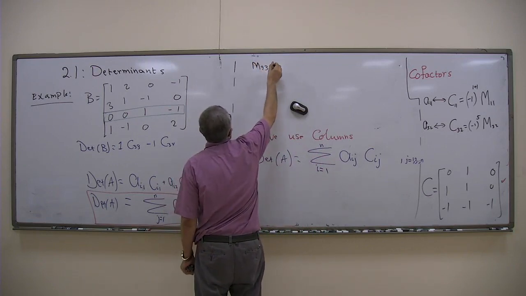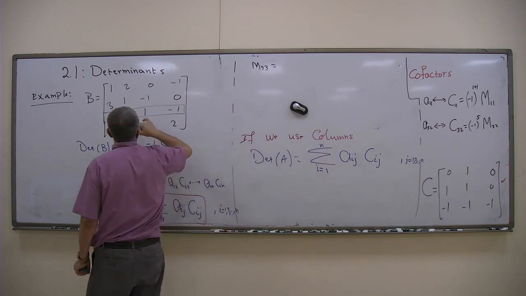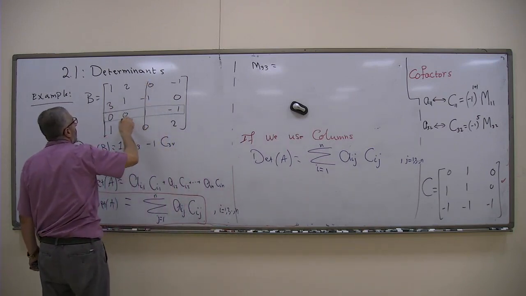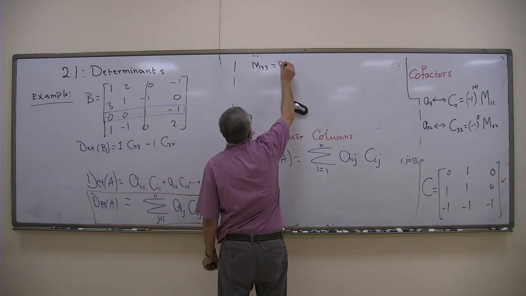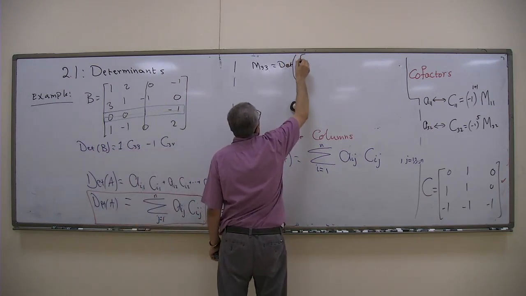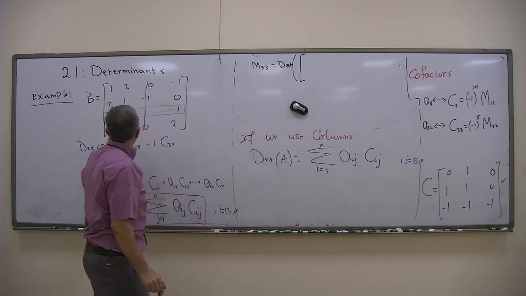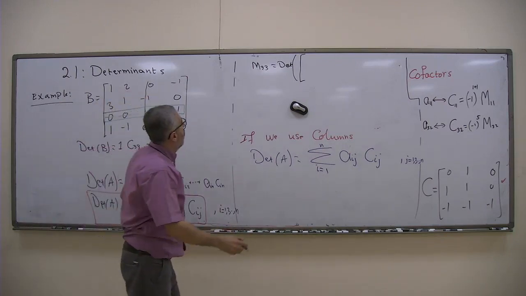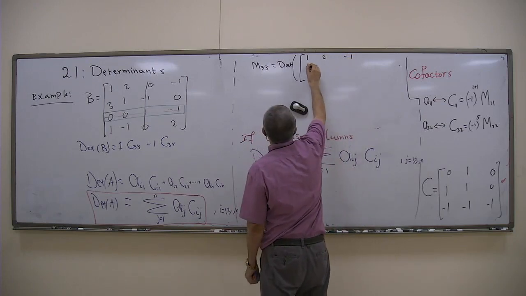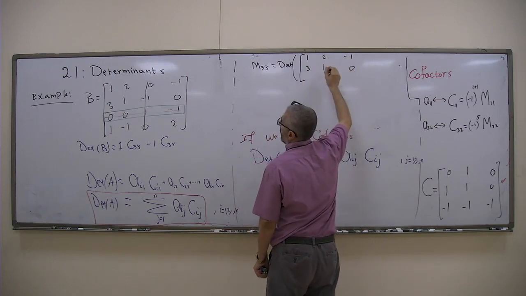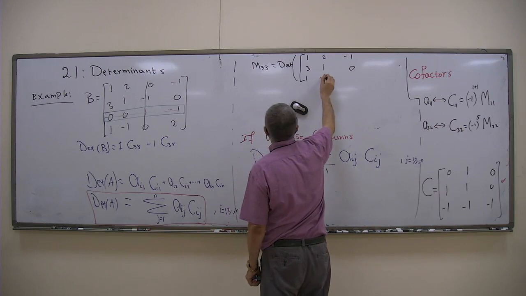M33. What is M33? You cover this, you cover this. So that is going to be the determinant of 1, 2, -1, 3, 1, 0, 1, -1, 2.